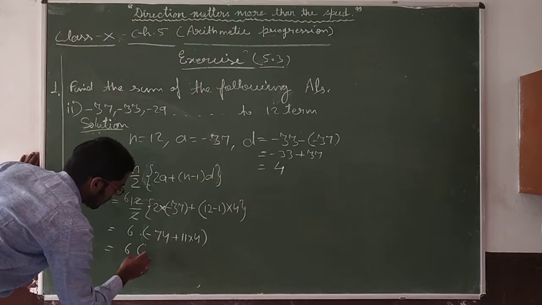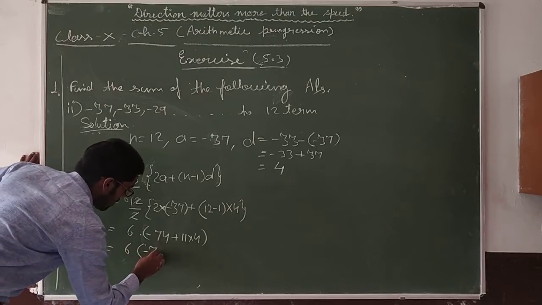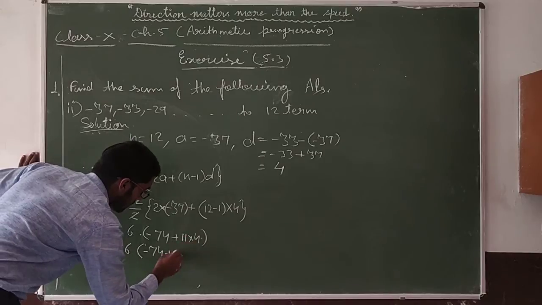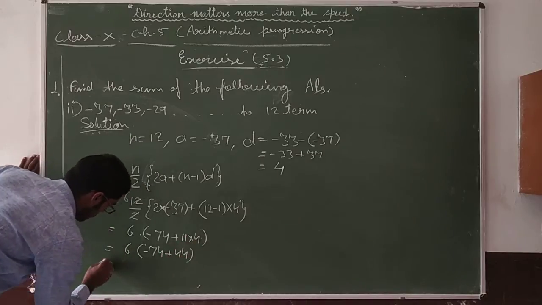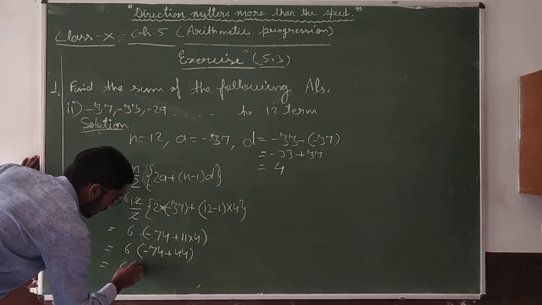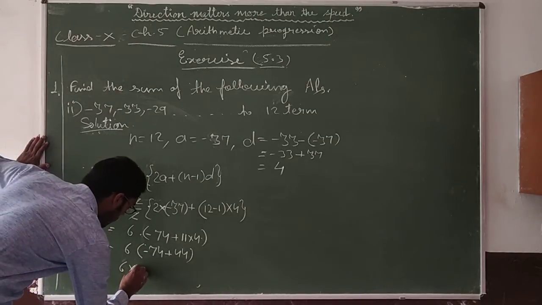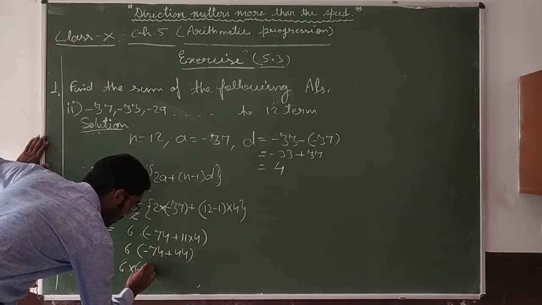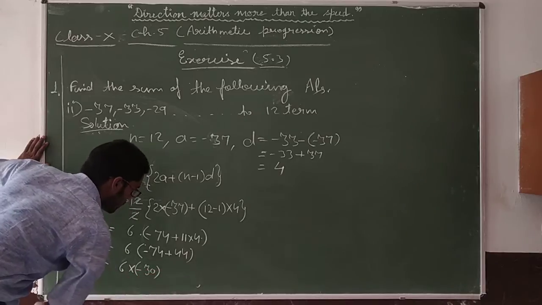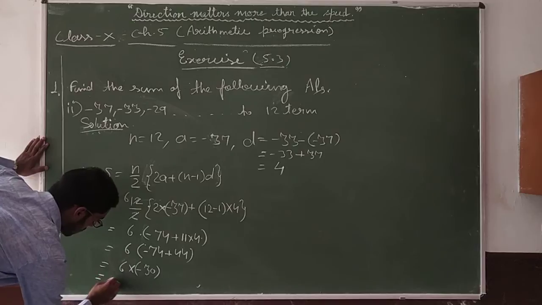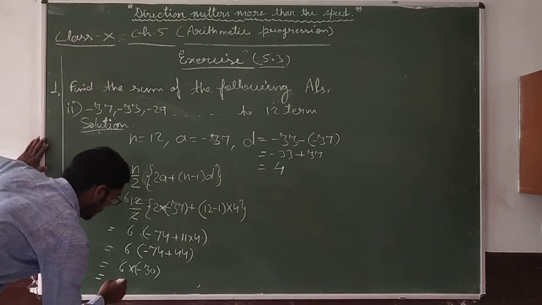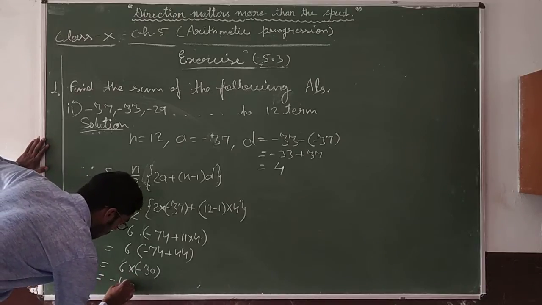6 into minus 74 plus 11 fours are 44. 6 into (minus 74 plus 44) means minus 30. Now 6 into minus 30 means minus 180.